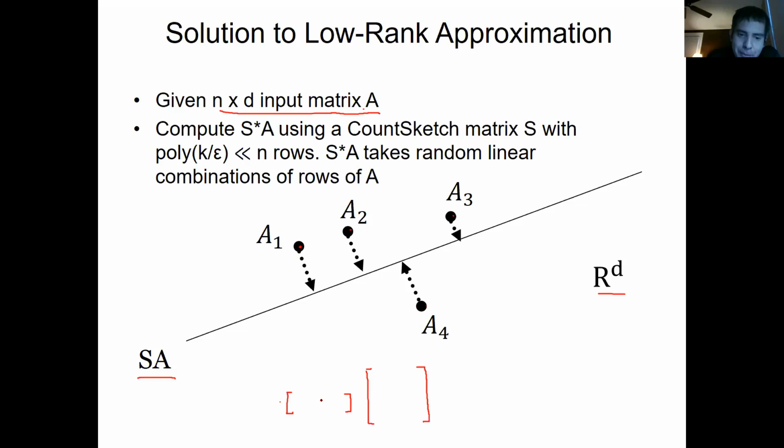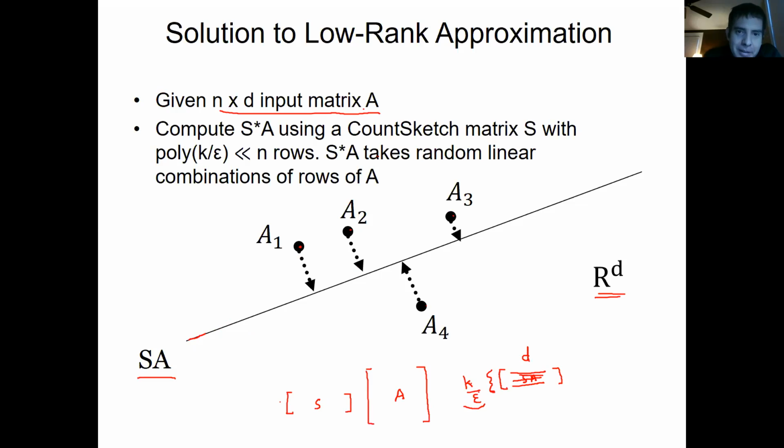If I look at S times A, it's a matrix which has a very small number of rows. Think of it as k over epsilon, where k is your rank parameter and epsilon your accuracy. And I can look at the span of the rows of S times A. That's a k over epsilon dimensional subspace of R^d, and I've drawn that here as a line.